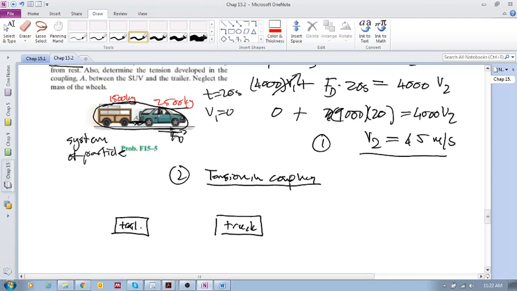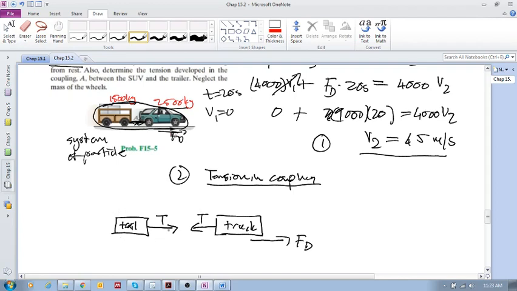For the trailer, the only force acting in the X direction is the tension from the truck onto the trailer. Then for the truck, the forces acting on the truck will be this force here from the trailer onto the truck. Remember, these are equal and opposite forces. And there will be the traction force.